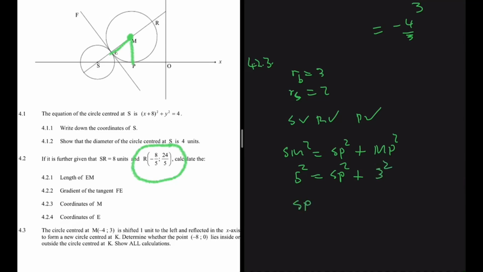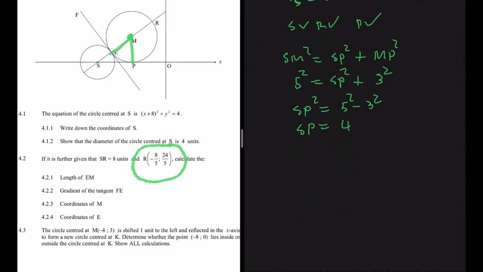So SP squared is basically 5 squared minus 3 squared, right? So SP squared will be equal to 5 squared, that's 25, minus 3 squared, which is 9. So 25 minus 9 is 16. Square root of 16 is 4, right? So SP is equal to 4. But we know that the coordinates of S is minus 8 and 0, right?